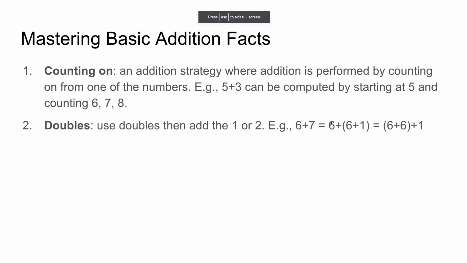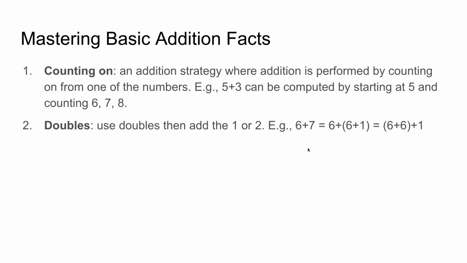Okay, doubles. I already showed you the doubles as well. So for example, 6 plus 7, when you are adding these numbers, we know that 6 plus 6 is 12. So you just need one more to that, right? So we are using the doubles. Okay, so that's easy. We just did 5 and 5 is 10, and you can add more to that.